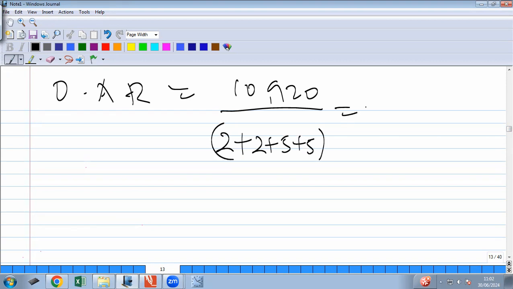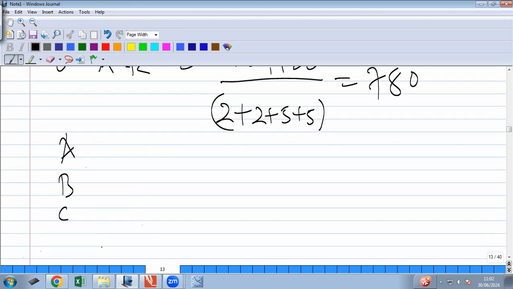So what is the overhead absorption rate? 780. Okay, so we can now allocate to product A, B, C, and D. Product A, we have 2, 2, 5, 5, right?